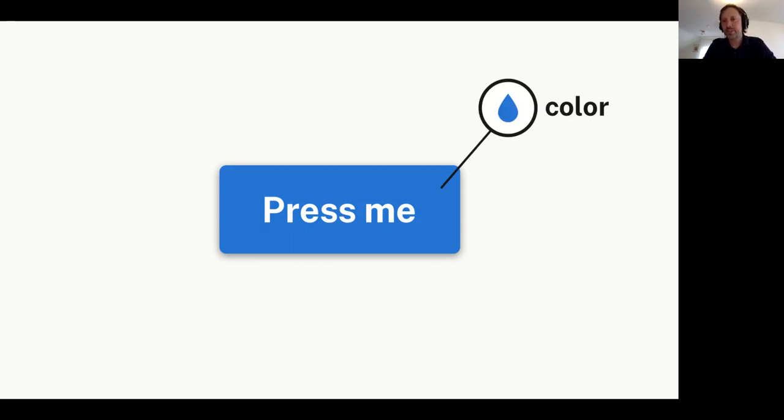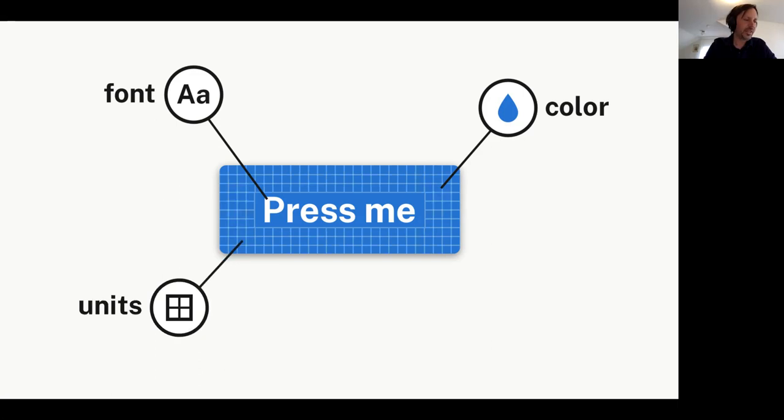The typeface also has a color of white. And the font or typesetting, which can include building blocks like typeface, font size and weight, letter spacing, line spacing, and line length. Spacing units as well, how far things are away from other things, how much padding or margin they have.